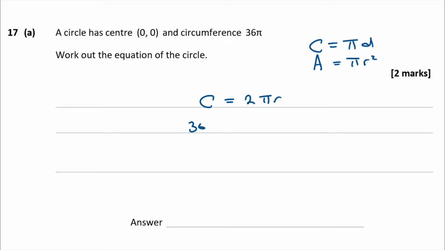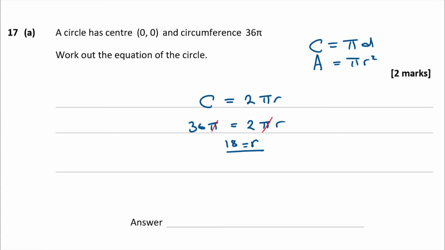So I'm going to use c equals 2 pi r, and I know that c is 36 pi, so 36 pi is equal to 2 lots of pi r. Cancelling the pi's, I've got 2r is 36, so r is going to be 36 divided by 2, which is 18. So the radius of my circle is 18.